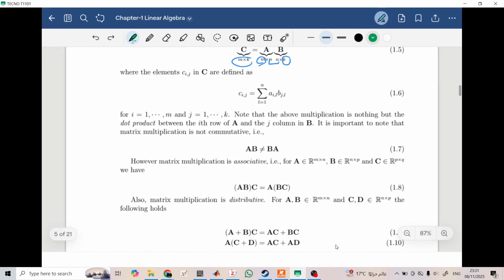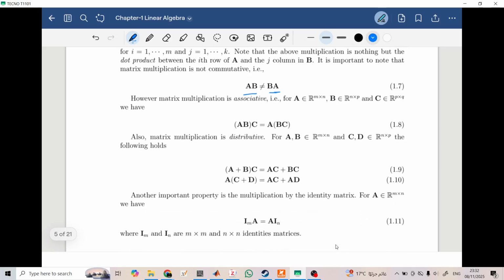As we said earlier, they must be compatible. Hence, we cannot reverse their order. A times B does not equal B times A, of course. So this is the general case. We might find some cases where they do equal each other, but it's not the general case. Another property is that the multiplication is associative, so we can combine them.